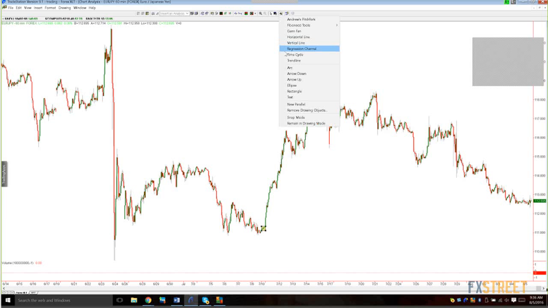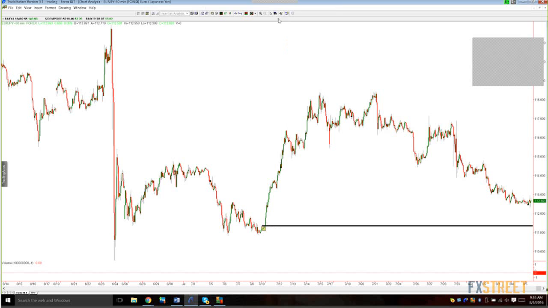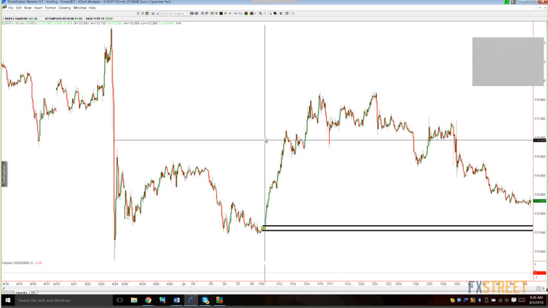That's probably where price is headed, and then your supply above is going to be right up here. Either one of those is probably going to be a magnet for price and a turning point.